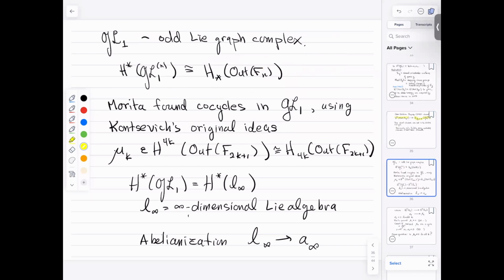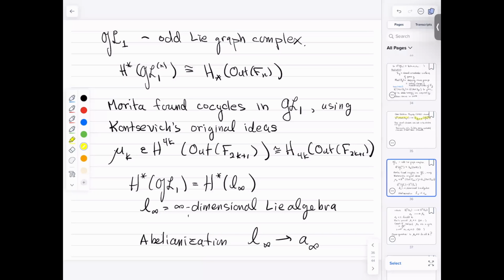Well, the homology of the odd Lie graph complex is the homology of the quotient of the spine of outer space by Out(Fn). The spine is contractible, Out(Fn) acts properly, so the cohomology of the odd graph complex in rank n computes the homology of Out(Fn).